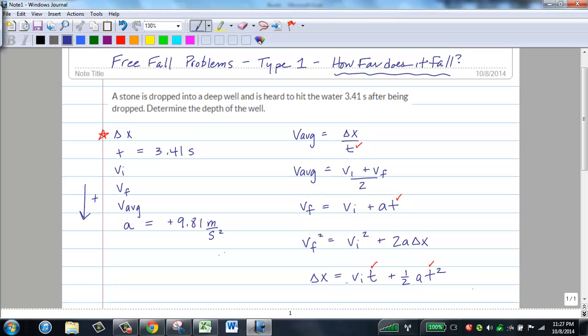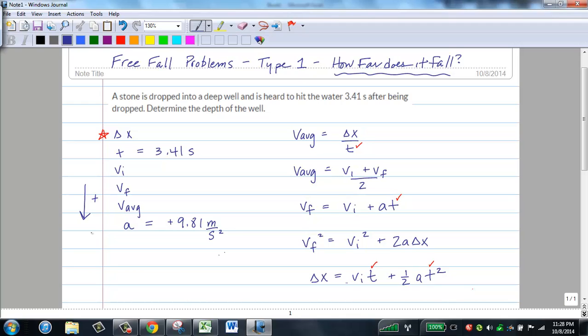And when the value of a is equal to 9.81 meters per second squared, it means that the object will speed up with that acceleration as it moves toward the Earth. And that's what happens when an object falls. It speeds up. If you were to toss the object upward, it would slow down as it moved away from the Earth. It would speed up as it moved toward the Earth.